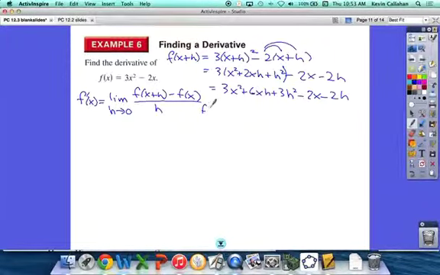So now, where's our f of x? Our f of x is this, 3x squared minus 2x. Now notice in what I simplified, those are the only two terms that I generated that didn't have an h in it. Right? Like I said, that's always the case.